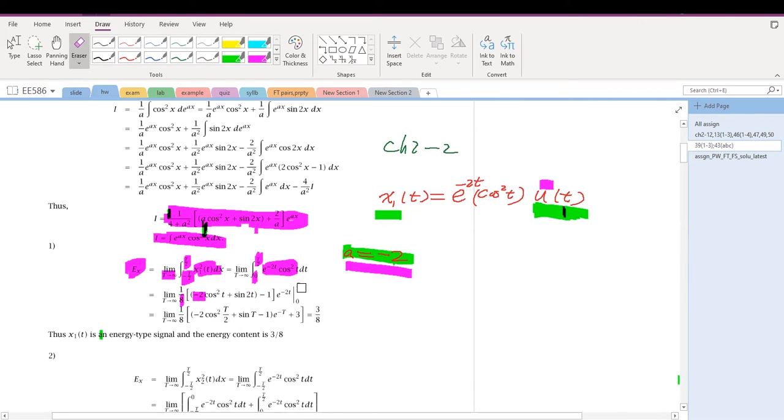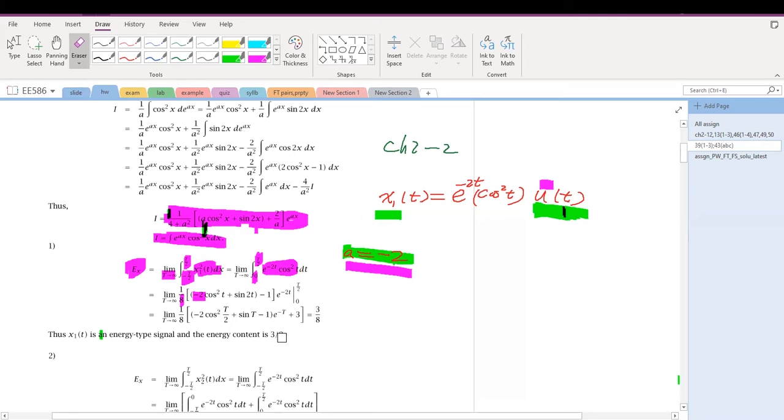You plug in half T, that's this term, and you plug in t equals 0, that is 3. This is the lower limit, so minus 3, that's plus 3.